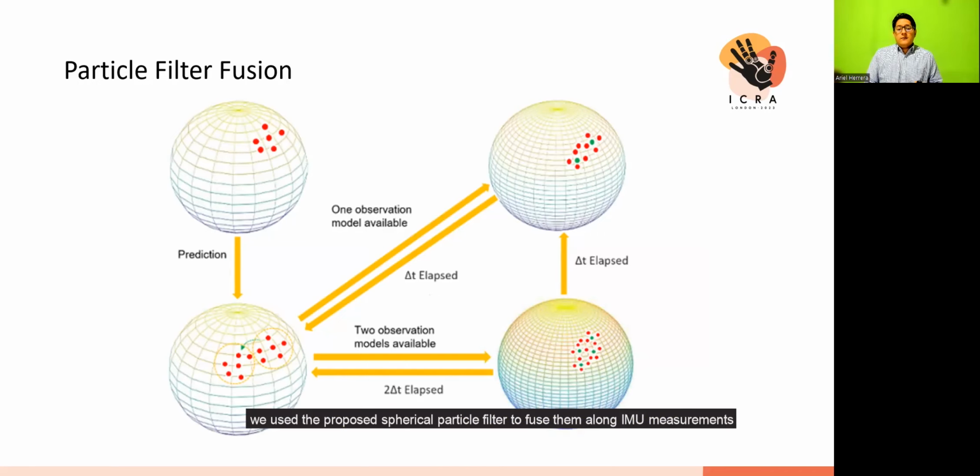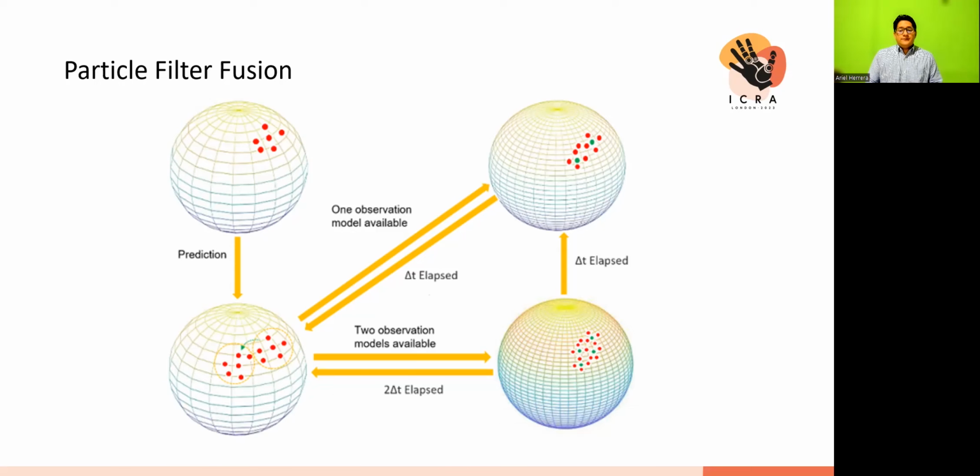After obtaining the orientation angles from the computer vision algorithms, we use the proposed spherical particle filter to fuse them along IMU measurements. So, each particle's life cycle can be represented in four phases. The initial state is sampled from a normal distribution centered at the measurement of timestamp t. Next, the motion prediction is based on the propagation of the previous particle states by extrapolation in time.